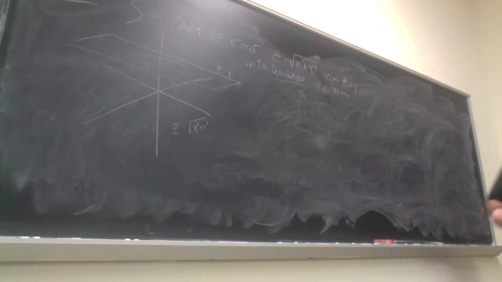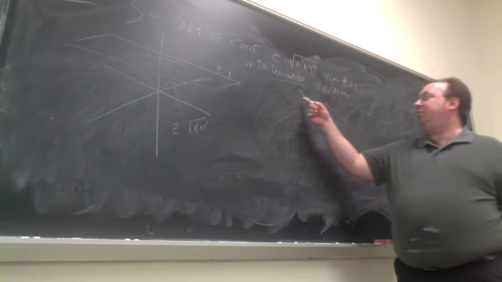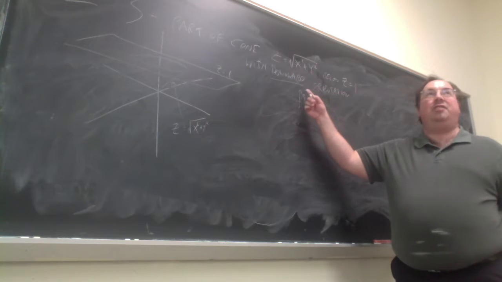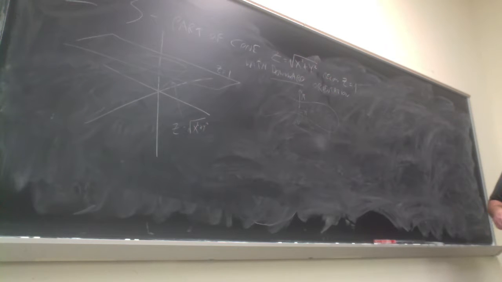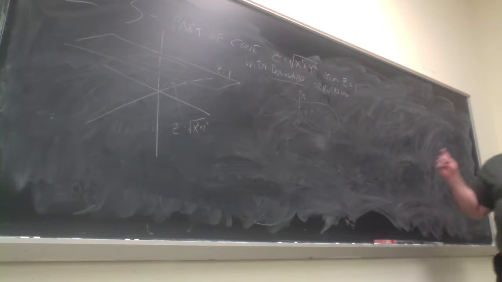How do you know which is the right one? It's up to the problem to specify. For instance, clearly this one would be upward orientation and this one would be downward. Once we get the normal vector, you'll find it's actually easy to tell whether it's upward or downward orientation, and if you get the wrong orientation, how to fix it. Because if you get the orientation wrong, your integral is going to have a wrong sign.